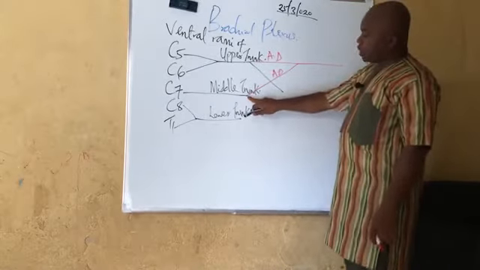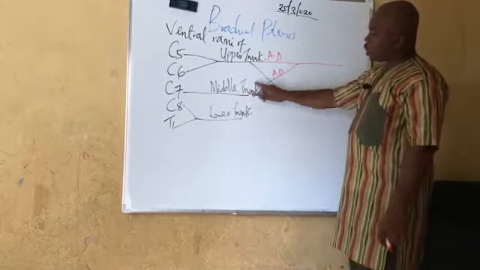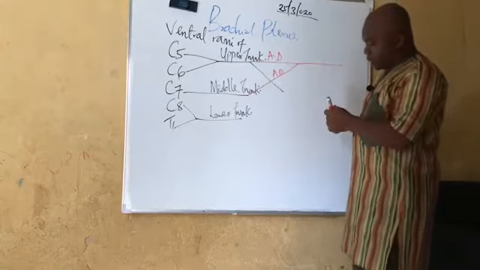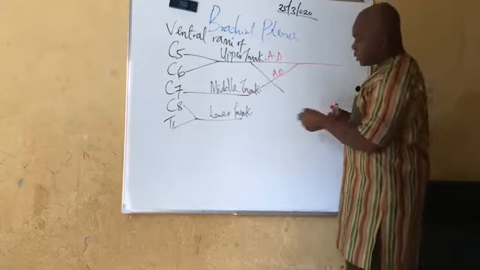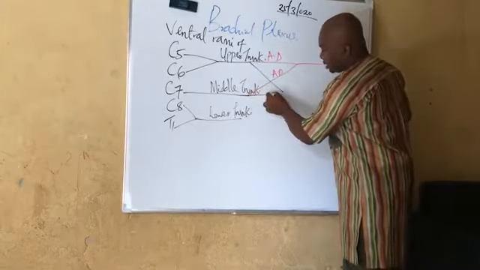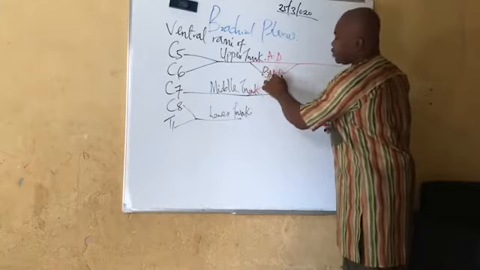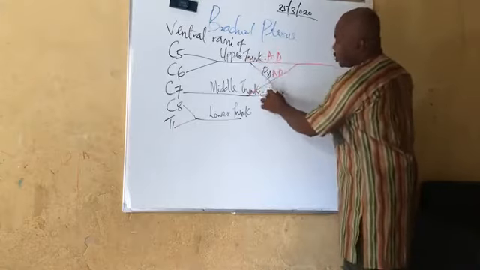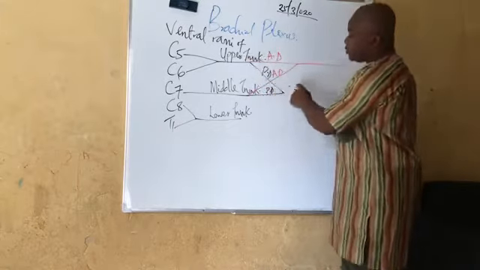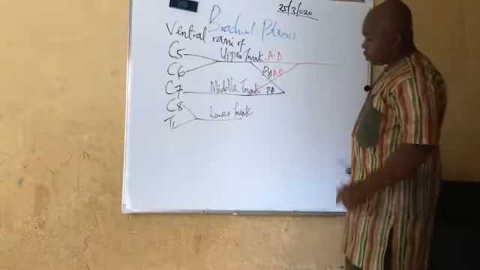The posterior division of the middle trunk will combine with the posterior division of the upper trunk. This one is the PD, the posterior division of the upper trunk, while this one is the PD, the posterior division of the middle trunk.